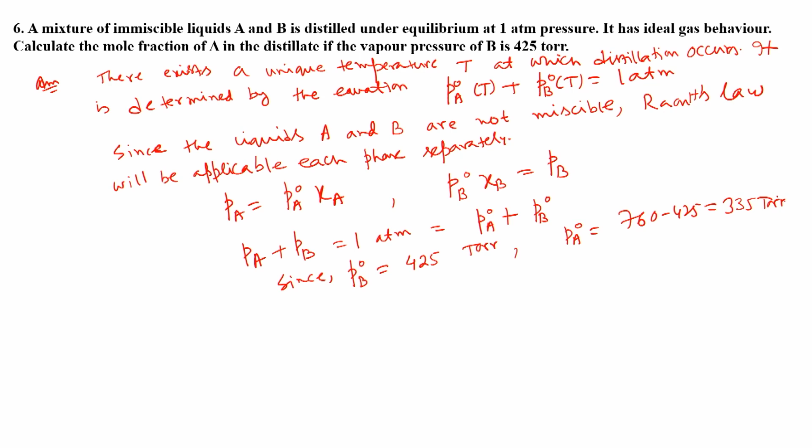Okay, so XA vapor will be PA by P, so you get 335 by 760, which gives 0.441. Next we move to problem number 7.